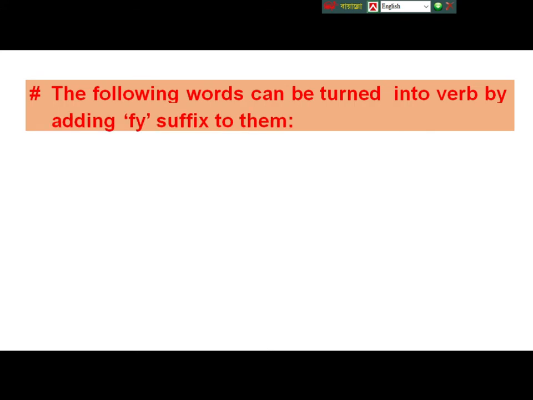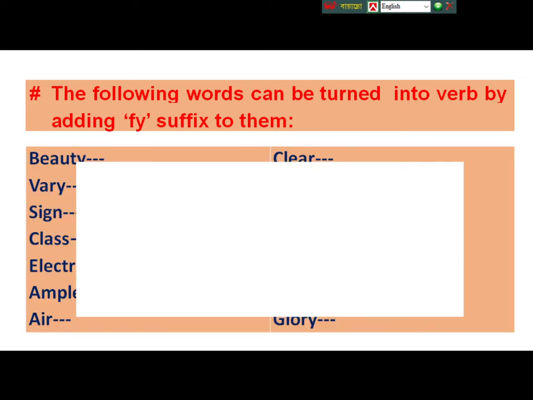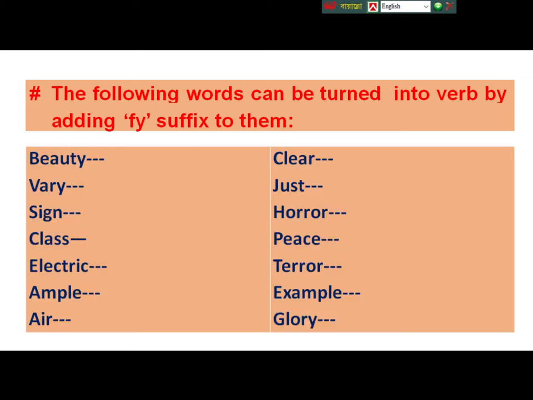The following words can be turned into verbs by adding the fy suffix to them. Here are the words: beauty, very, sign, class, electric, ample, air, clear, just, horror, peace, terror, example, glory.